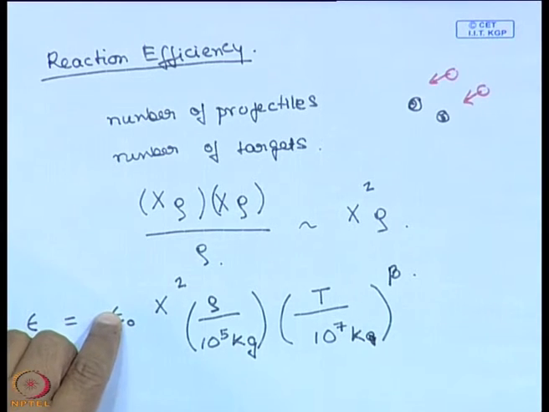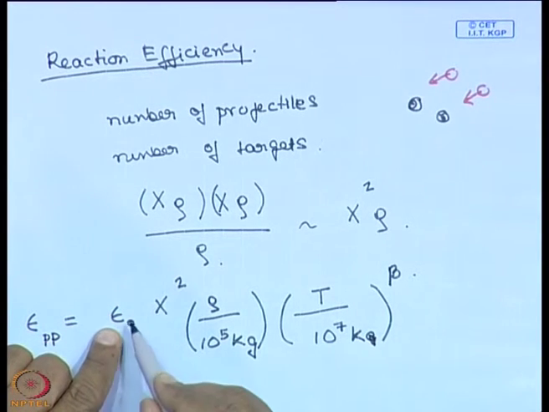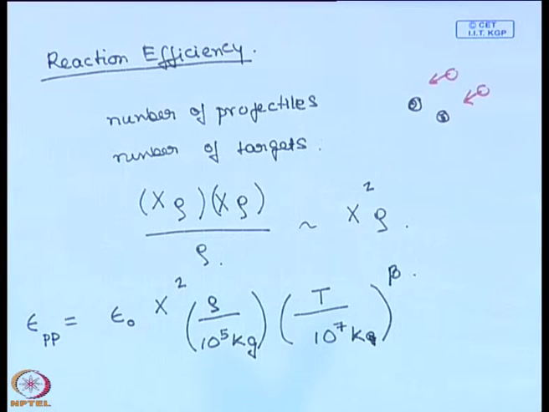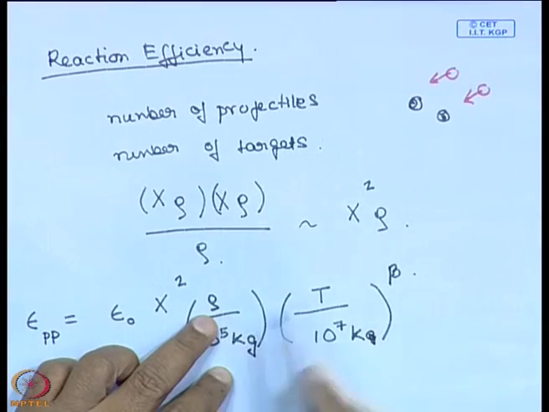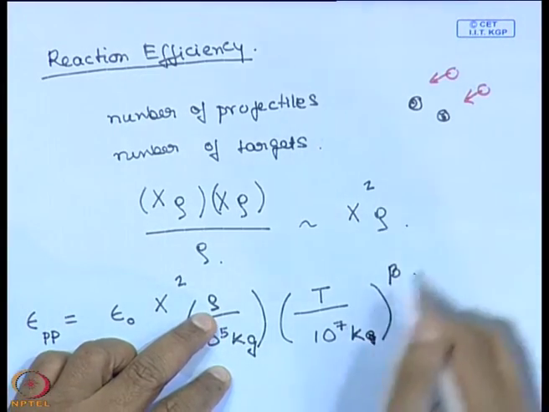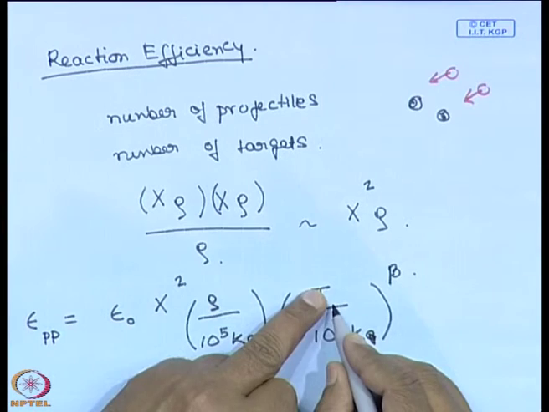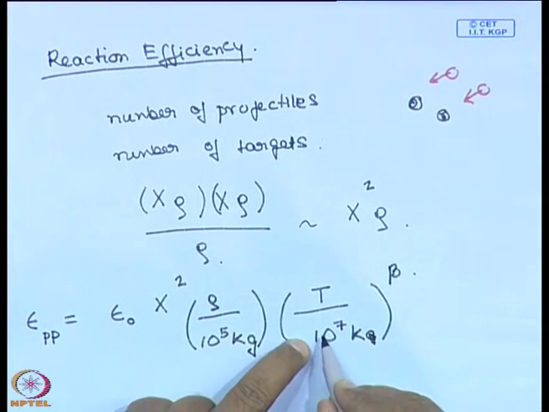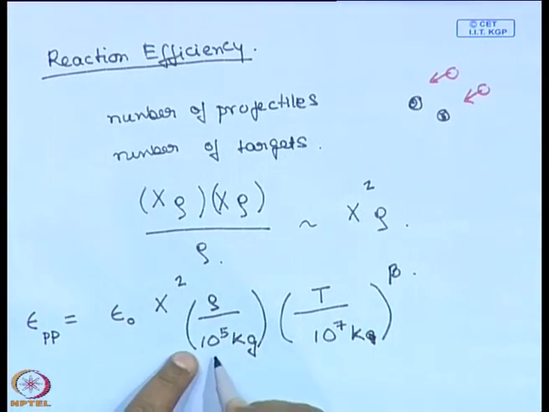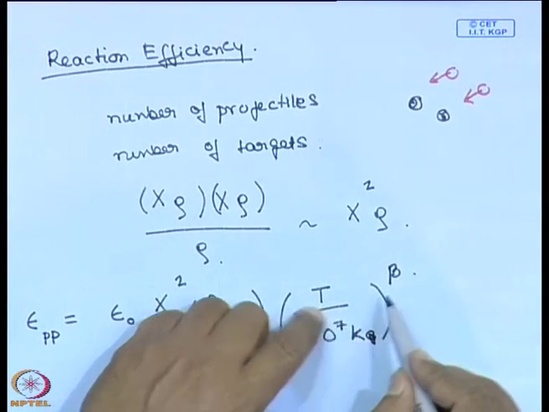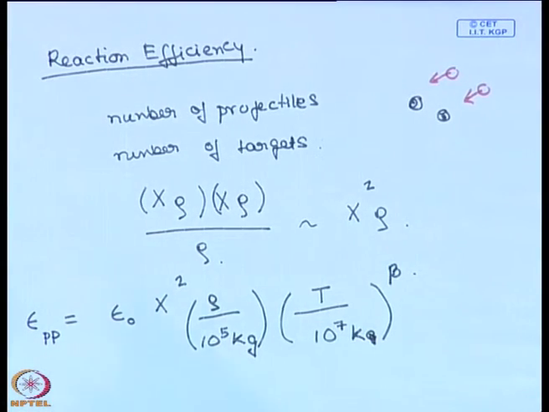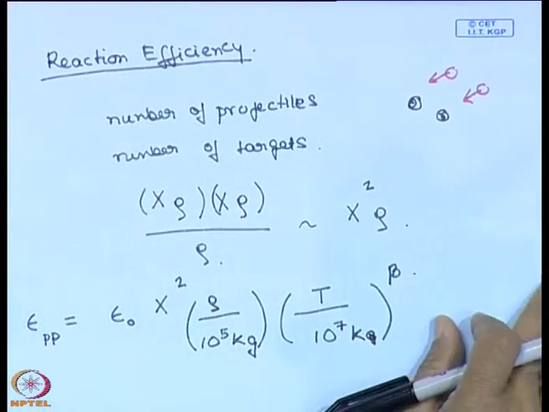There is a number which is roughly constant for the temperature range of our interest, and it depends on the density at the center of the star, and on the temperature at the center of the star in units of 10^7 Kelvin, density in units of 10^5 kg per cubic meter, temperature to the power beta. The temperature dependence is not linear, it is to the power beta. I have told you that it is a very sensitive dependence on temperature.